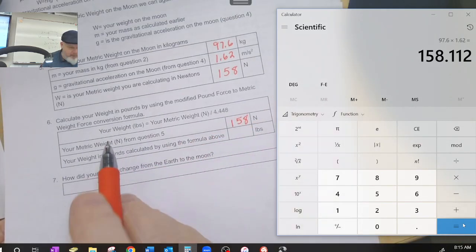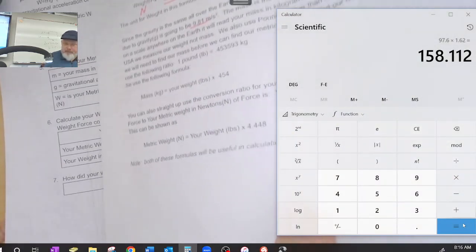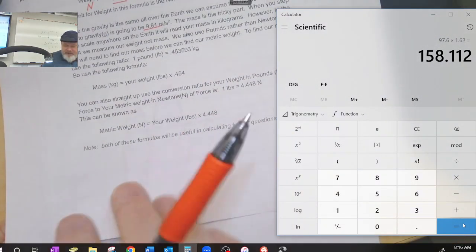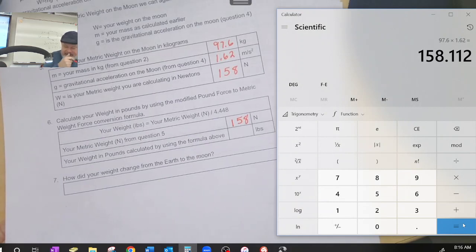Well, remember, we had this formula from earlier, way back on the first page. We had this formula right here. I slightly modified that formula. You're going to use it as your weight in pounds is your metric weight, which is 158, divided by 4.448.